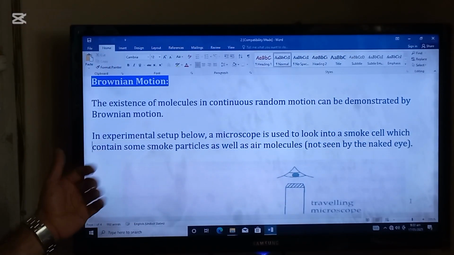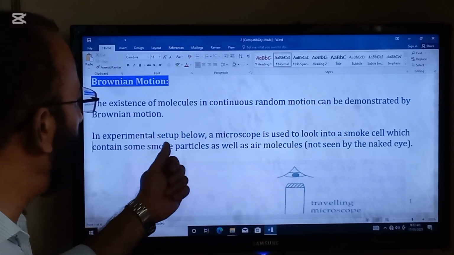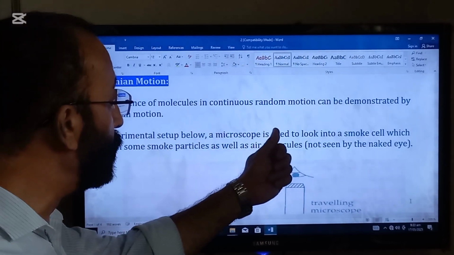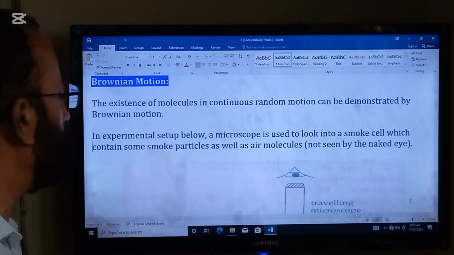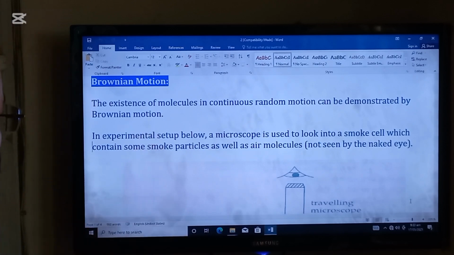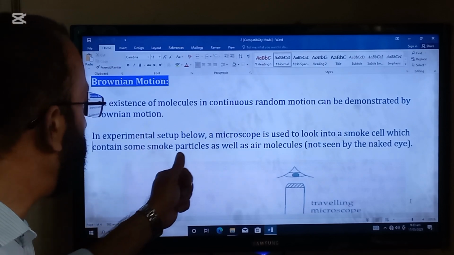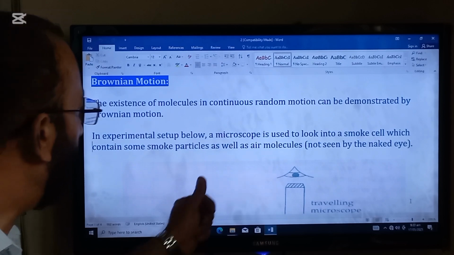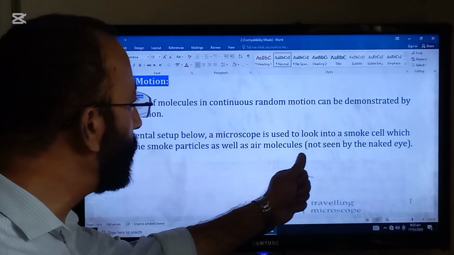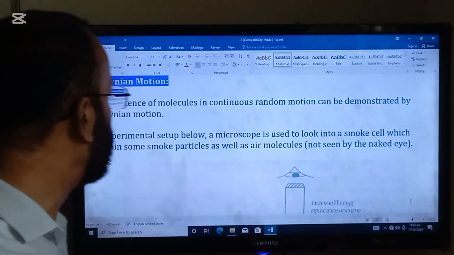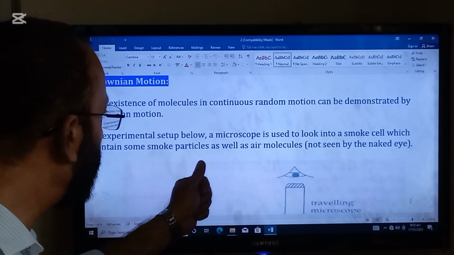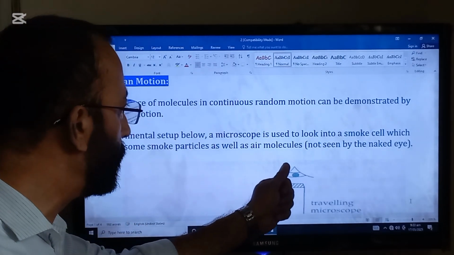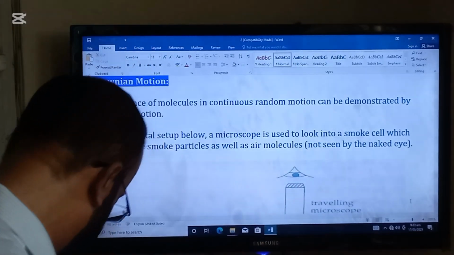Brownian motion. The existence of molecules in continuous random motion can be demonstrated by Brownian motion. In the experimental setup below, a microscope is used to look into a smoke cell which contains smoke particles as well as air molecules not seen by the naked eye.